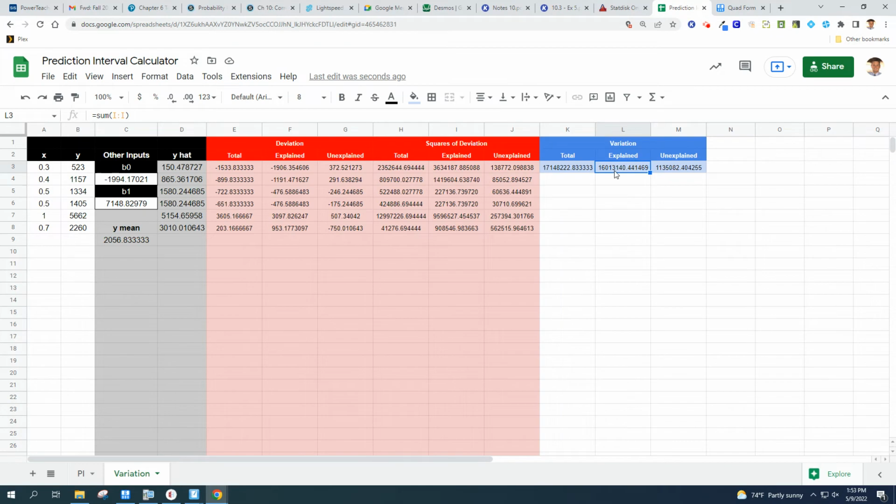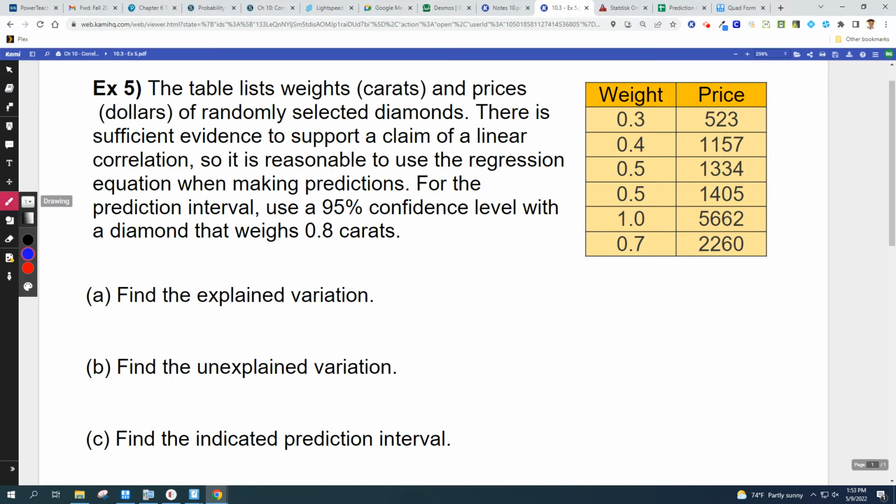So problem A says find the explained variation. Explained variation is this number right here. So it is 16,013,140.